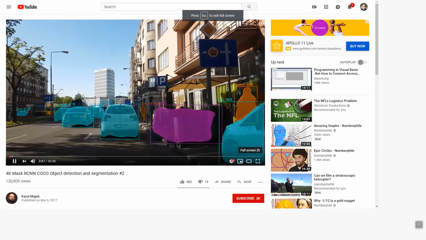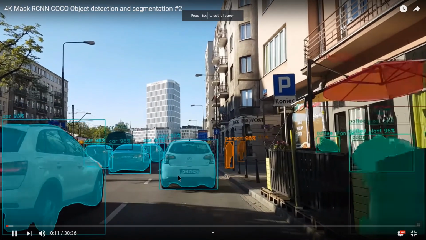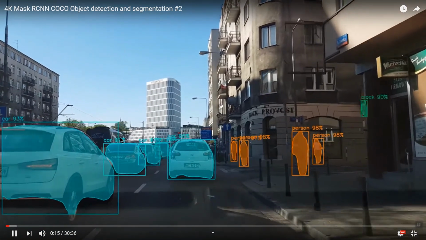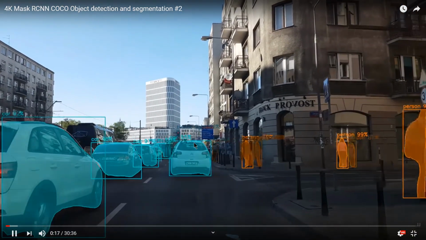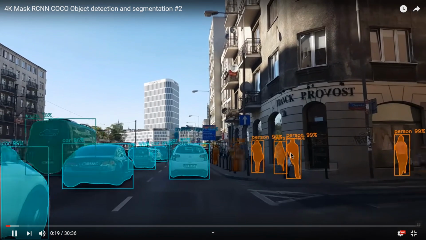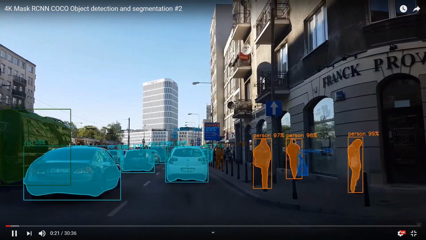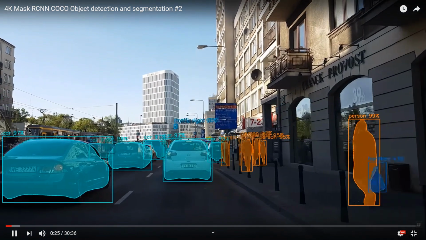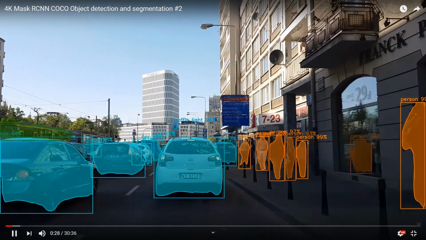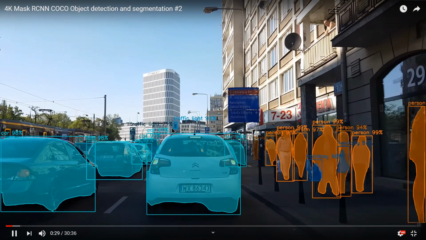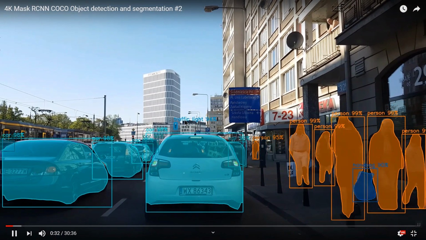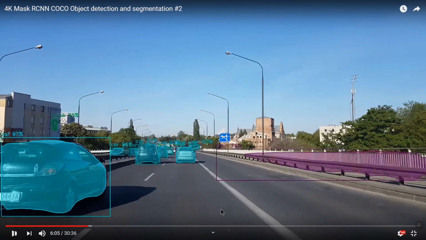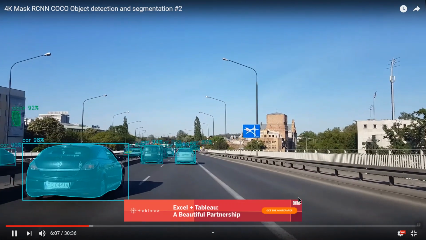It's putting blobs around what it identifies as other vehicles. It says this is a car with 97% certainty, this is a person with 99% certainty, a person with 98% certainty. This is something else, like a train. A traffic light, it's identifying out there and stuff like that. You can sit and watch this drive along the highway.